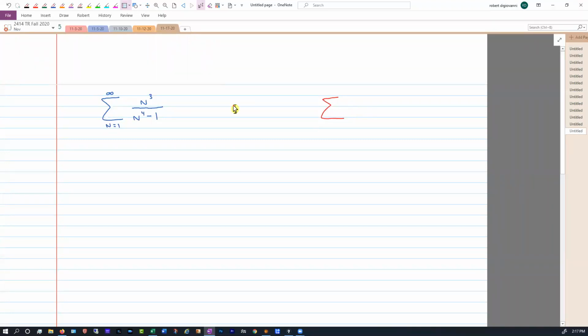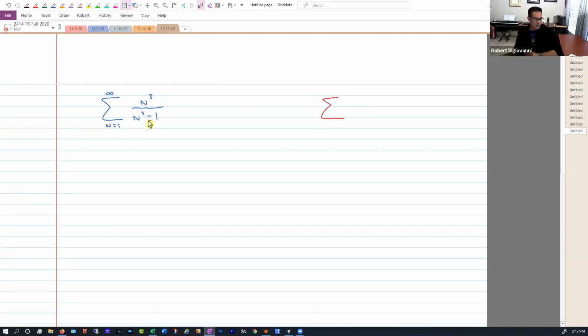N cubed divided by n to the 4th minus 1. When you look at all of these, which of these terms, n cubed, n to the 4th, or minus 1, is the most powerful dominant term in the entire thing? N to the 4th, for sure, right? Now, n cubed does play a role.